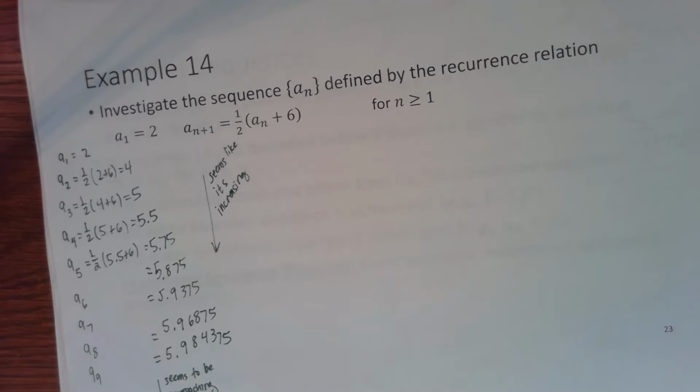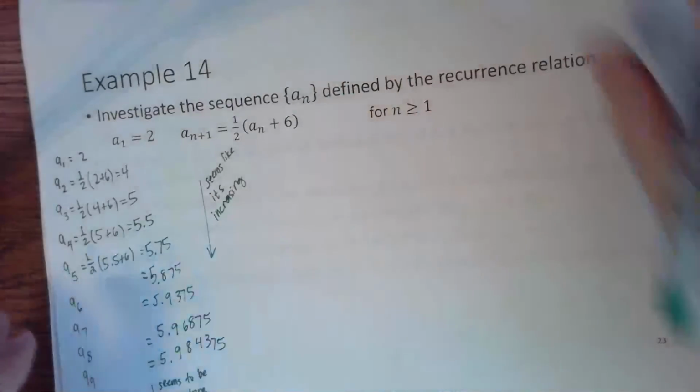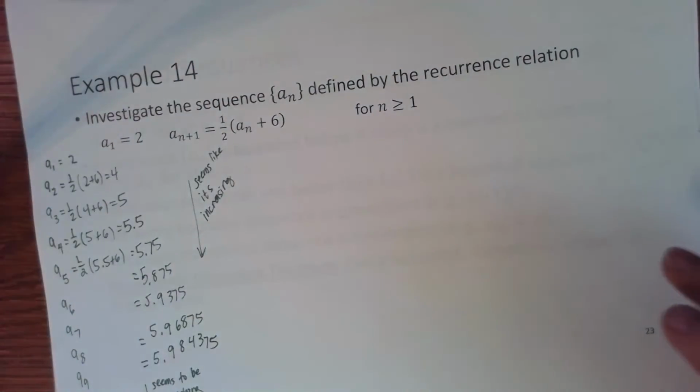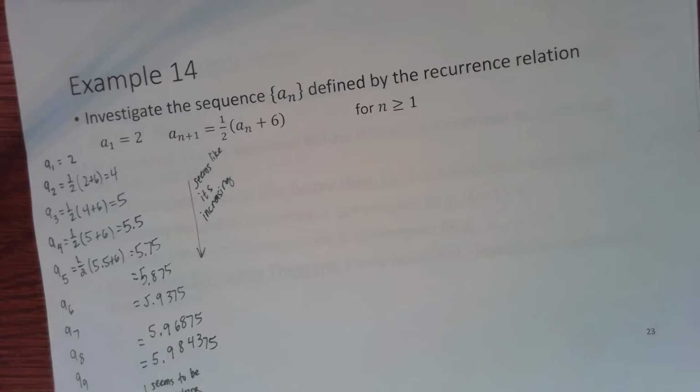That's just what I've observed so far, that it's been increasing, but that doesn't mean it continues to. Okay, that is definitely not a proof. These are just our preliminary observations.